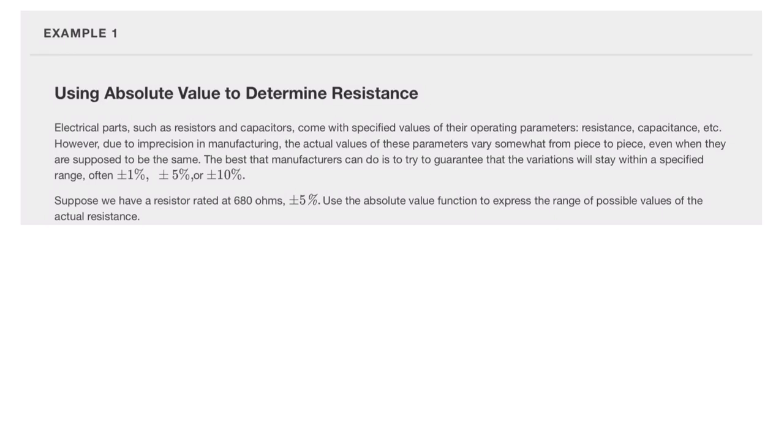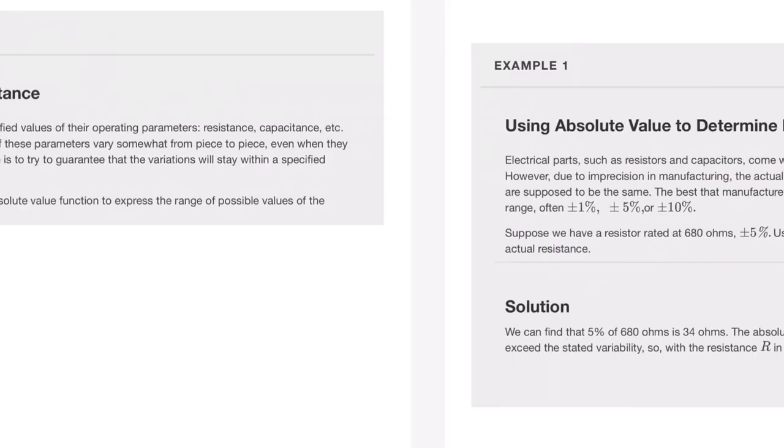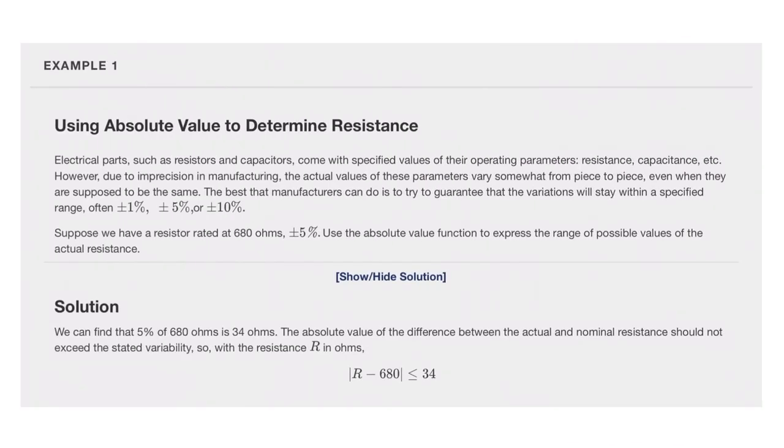So if the absolute value of x, what's a piecewise? Here, I'm going to just use this right here. So we can find that 5% of the 680 ohms is 34.